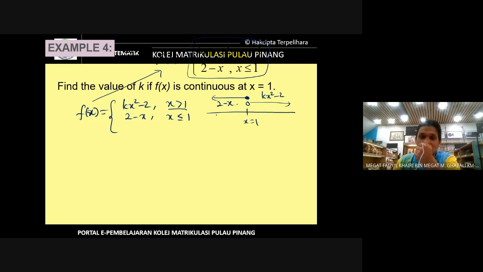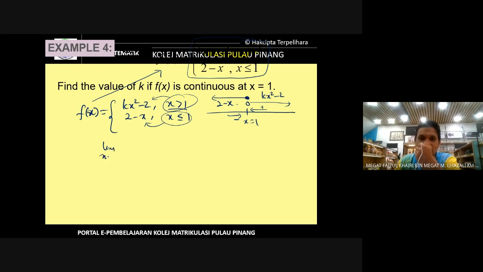Because when x approaches 1 from the left and from the right, we can just simply refer to this. X greater than 1 is for kx square minus 2 and this one is for 2 minus x.